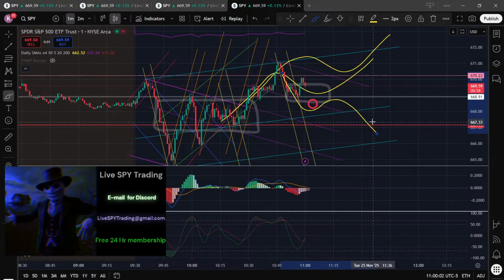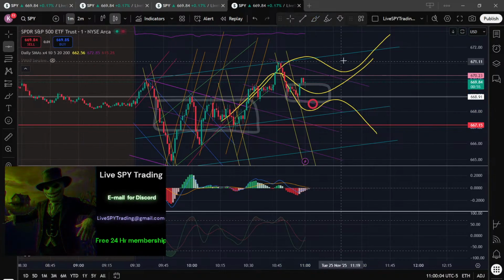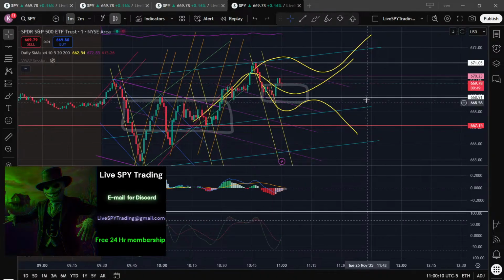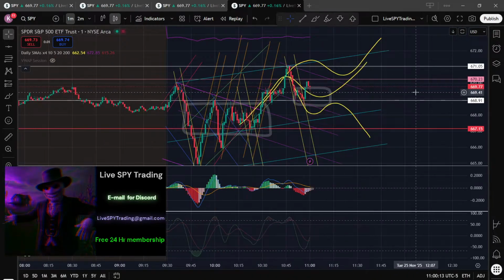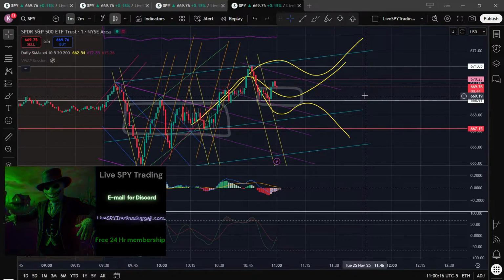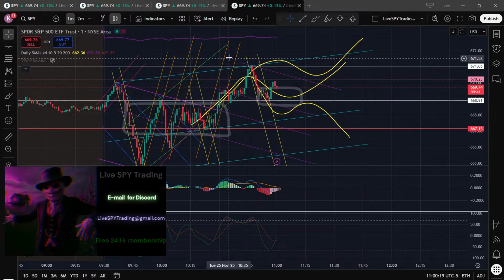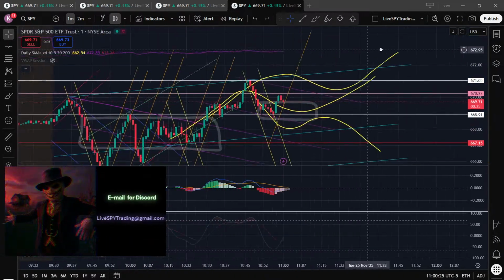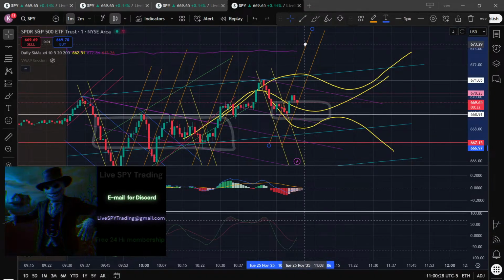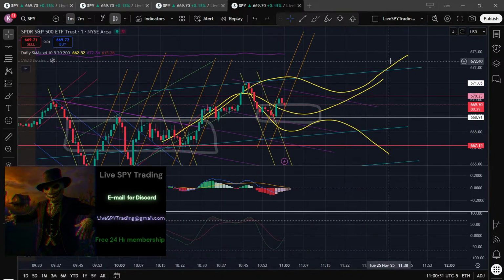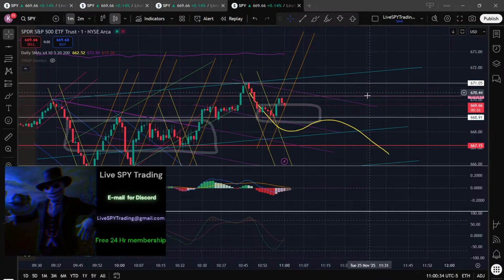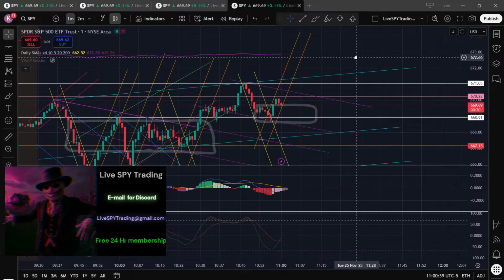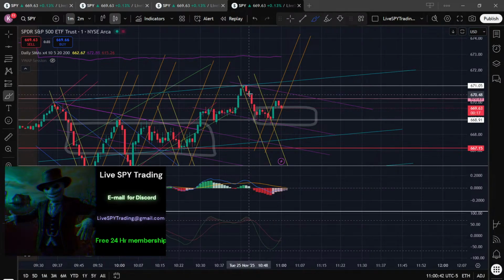I'm going to mark out high day in white. You see, this would be a good microstructure for a push up if this played out, right?